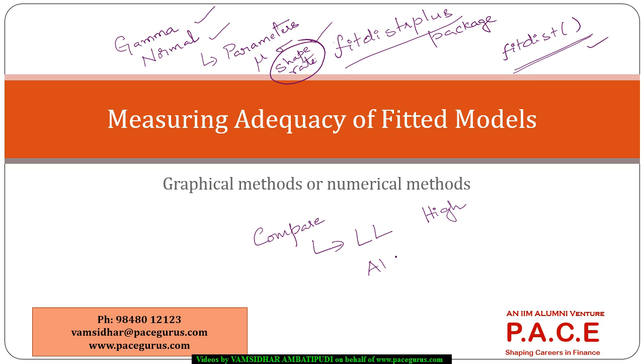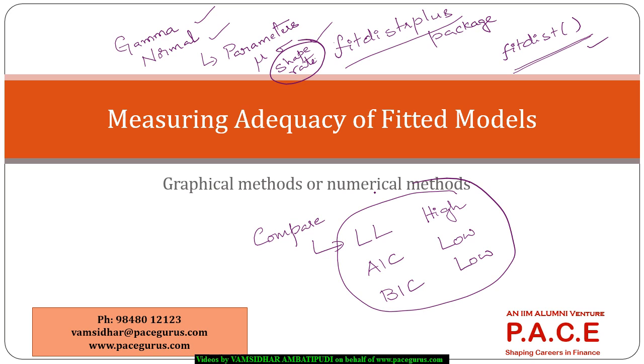Similarly, we have looked at Akaike information criteria, which is like a measure of error, or even Bayesian information criteria, which is also a slightly different form of error. We want this particular error to be as small as possible if I have to choose a particular model. So these are some of the methods that we have already discussed.